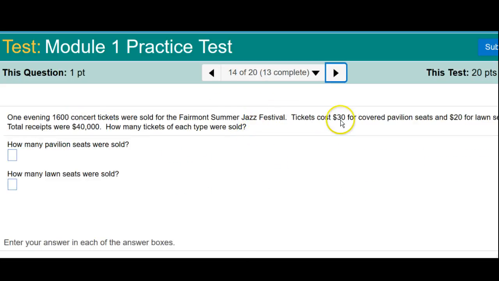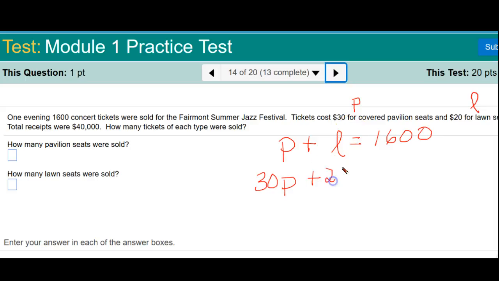So for something like this, you'd have to set up systems of equations, and you'll identify the types of seats. We can say pavilion seats, we can use the letter P, and lawn seats, we use the letter L. Or you could use X and Y, either way. So we know that the number of pavilion seats plus the number of lawn seats were 1,600. Now pavilion seats are $30.